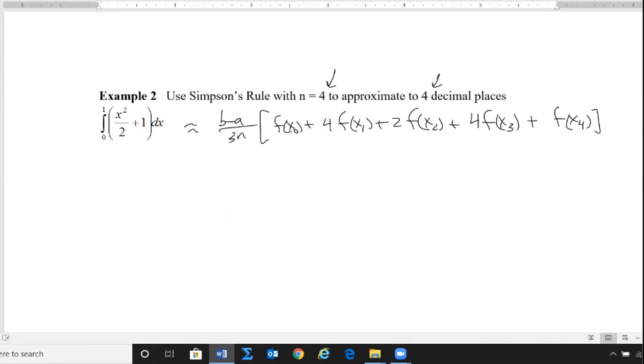Okay, so let's go ahead and put in our numbers then. This will be 1 over 3 times 4, which is 12.